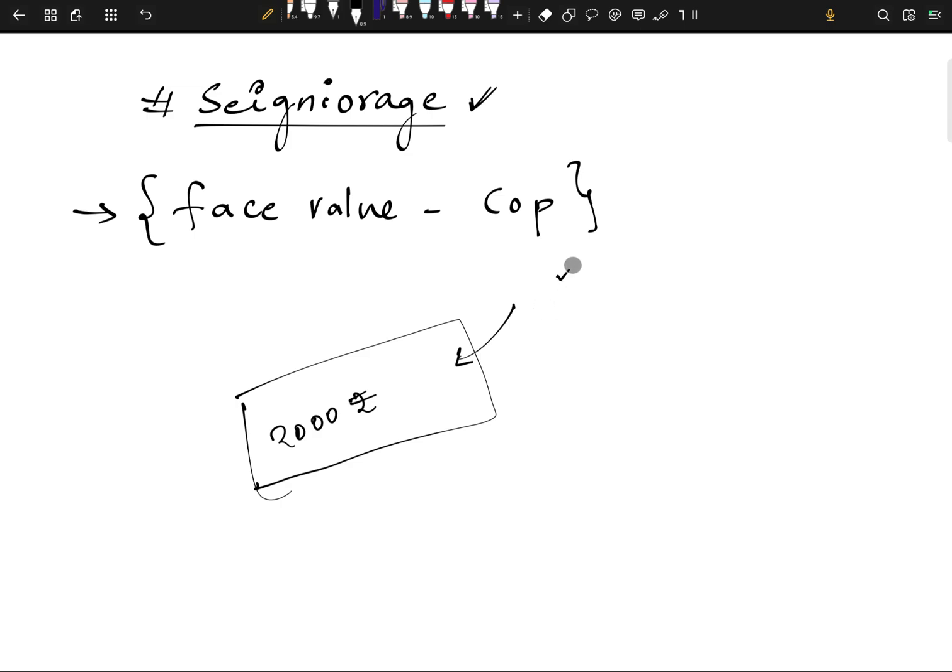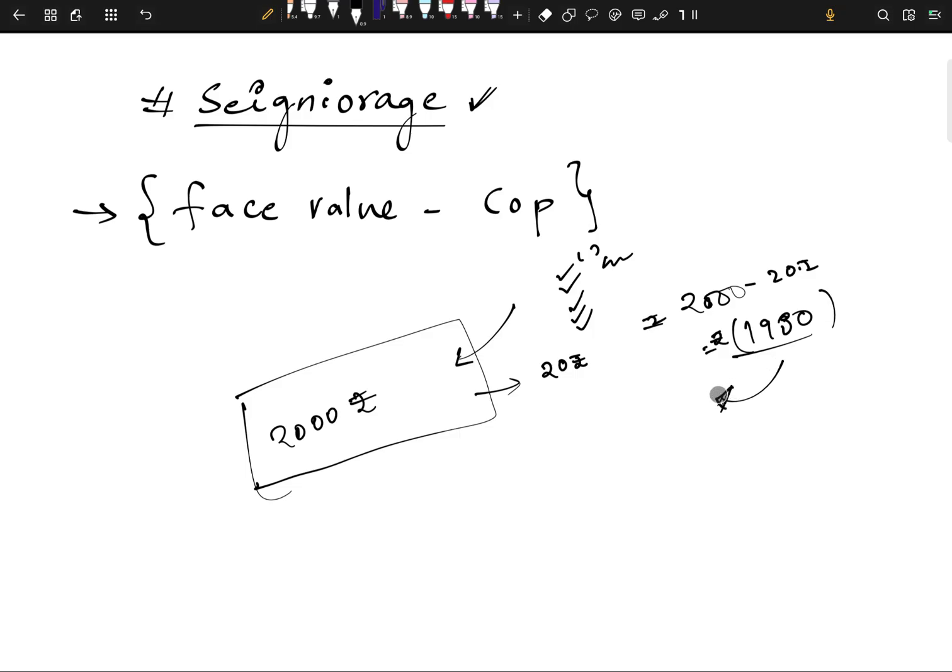Let's say for the rent, for the capital machine, and for the land, and for the wages, etc. This costs around, let's say, 20 rupees, right? So 2,000 minus 20 rupees is 1980, right? This 1980 rupees is a profit. Let's consider it a profit to RBI. This is nothing but seigniorage.